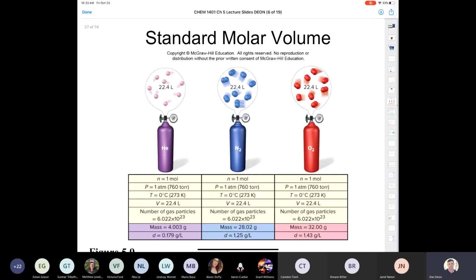Let's talk about something called standard molar volume. And we're going to need standard molar volume in order for us to calculate what R is. If we go back to that equation, PV is equal to nRT. Remember that this equation is good for any gas, any ideal gas. Doesn't matter. Sulfur dioxide, chlorine, helium, argon, I don't care.